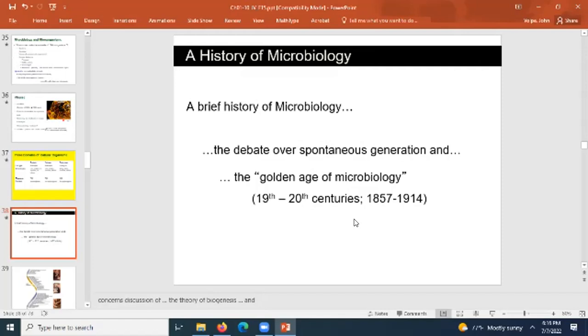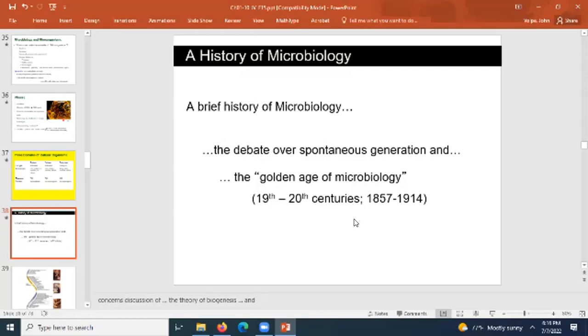The history of microbiology largely early concerned the debate about spontaneous generation and the theory of biogenesis, and that is, could organisms spontaneously generate from, what do you want to call it, inanimate matter?